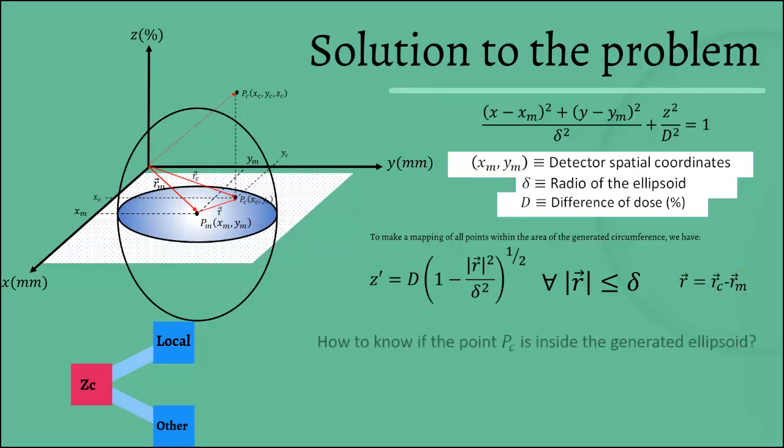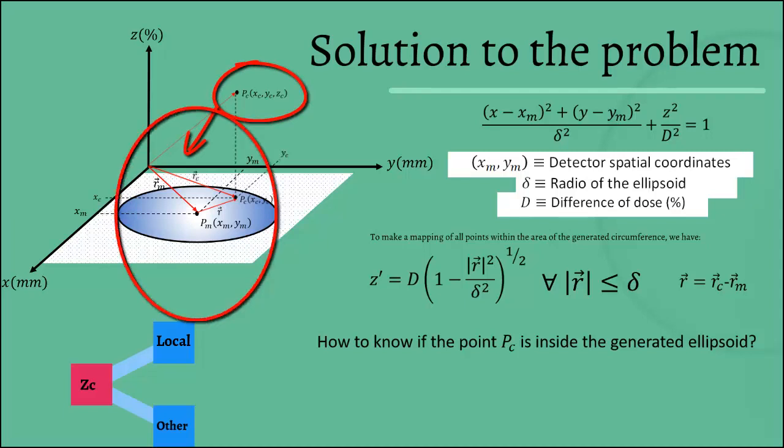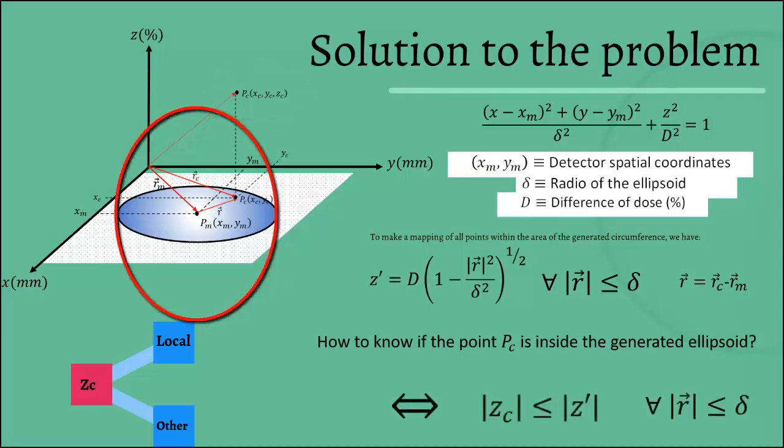Now we ask ourselves, how do we know that the coordinate point PC is inside of the volume enclosed by our generated ellipsoid of revolution? PC will be within the volume enclosed by that surface only if the absolute value of ZC is less than or equal to the absolute value of Z prime, for every absolute value of r less than or equal to delta.